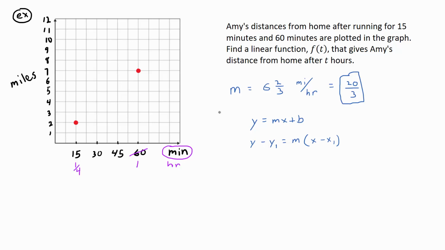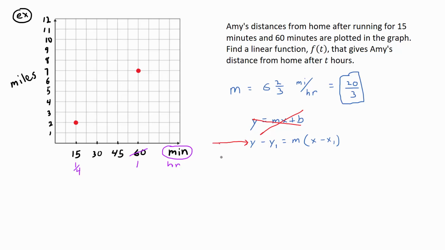Since we're not given the intercept, we're not going to use slope-intercept form. That's the rule in this class. If you're not given b, essentially don't use that equation. Okay, and then later on we'll fill in f of t for y and t for x, but let's just use this equation for now.